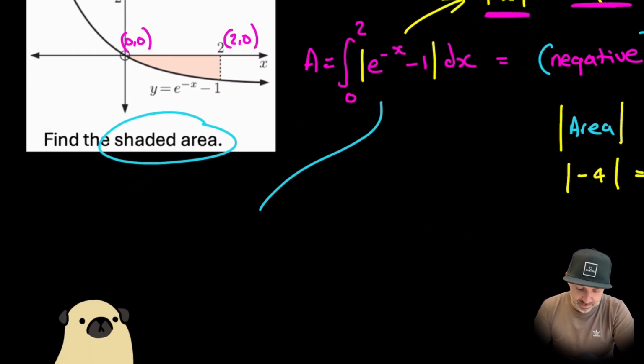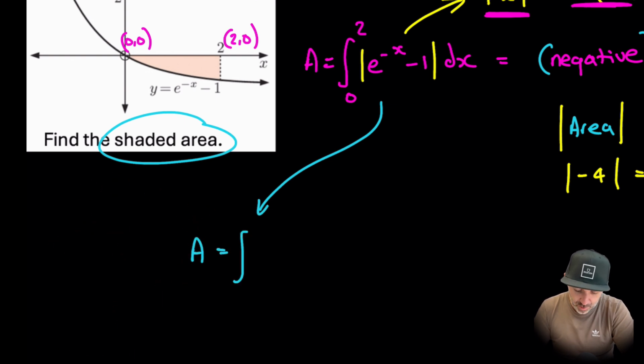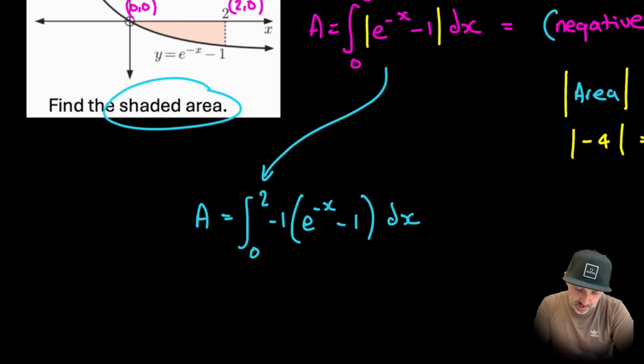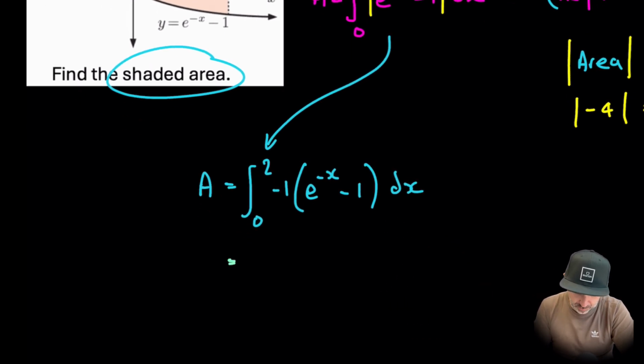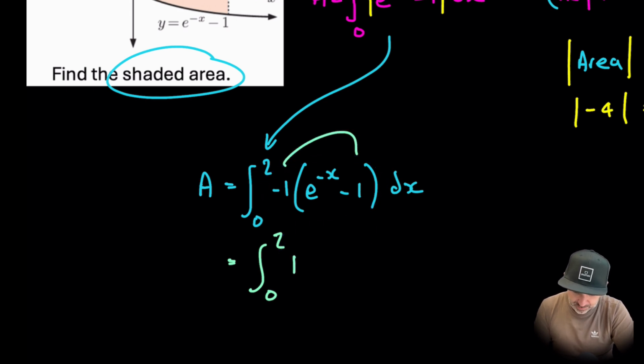I'm going to say that the area of this region is still between 0 and 2, but I'm going to have -1 times e to the minus x minus 1 dx. Now, what I can do straight away is multiply that out and tidy that up before I even start. So the integral from 0 to 2 of, now, -1 times -1 will be +1, minus e to the minus x.